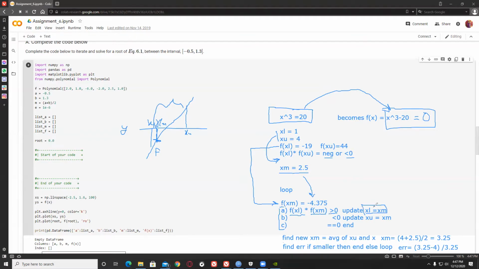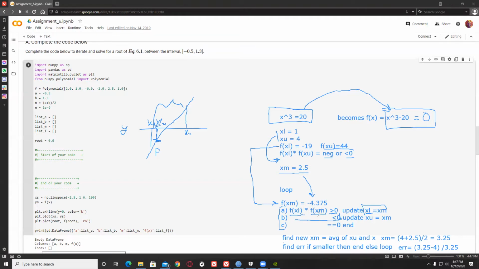And we can just update the value of xl, because the condition will still be satisfied that f of xu is on the positive side of y and f of xl is on the negative side of y. But if the value is smaller than 0, that means f of xm gives a positive result and it's multiplied with f of xl.